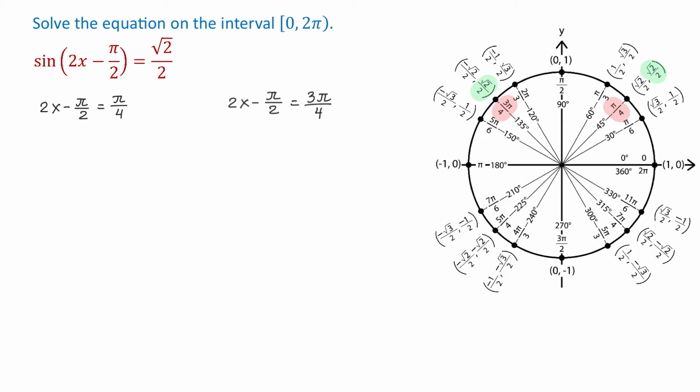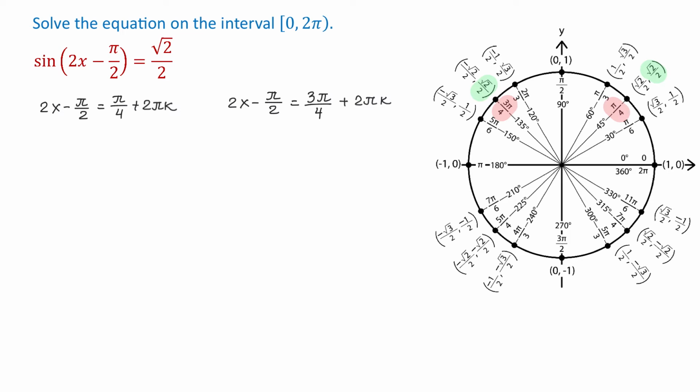And this is because if from each of these angles we add or subtract one or more full rotations, we will end up at the same points where the value of sine is square root of 2 over 2. For example, if we have pi over 4, and if we add one full rotation, which is 2 pi, we will end up at the same point where sine is square root of 2 over 2. So then, to the right side of each of these equations, we need to add 2 pi multiplied by an integer k.